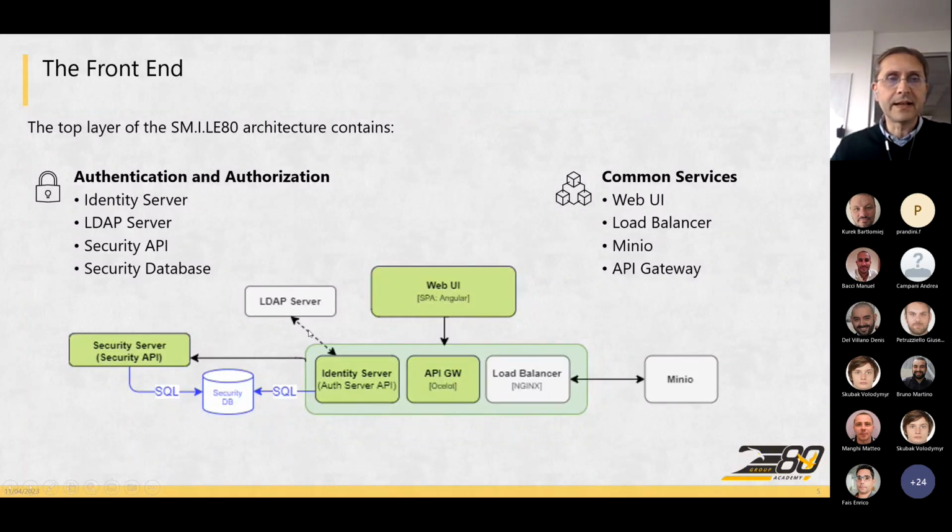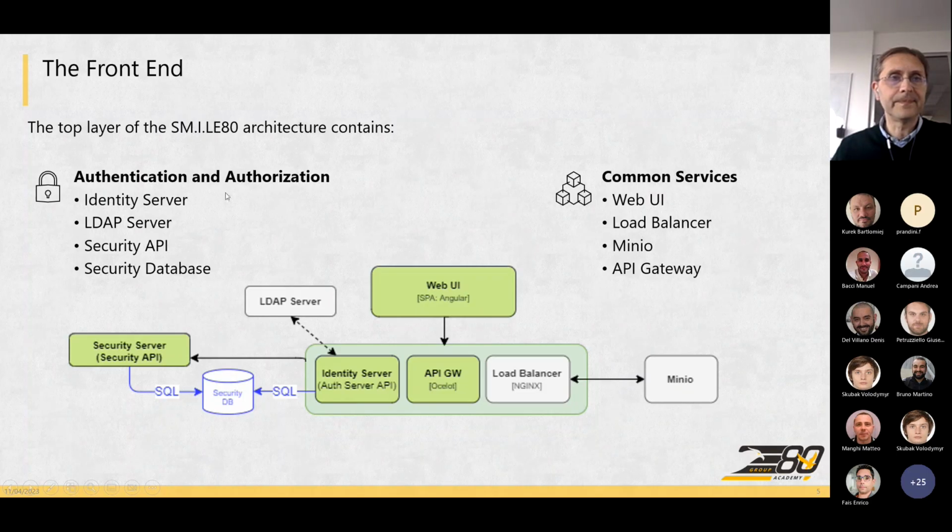As you can see, there are some third-party tools like Minio, Load Balancer, and the LDAP. And there are closed components, so components that cannot be customized, that are the web UI, API gateway, identity server, and security server. These blocks have two different functionalities.